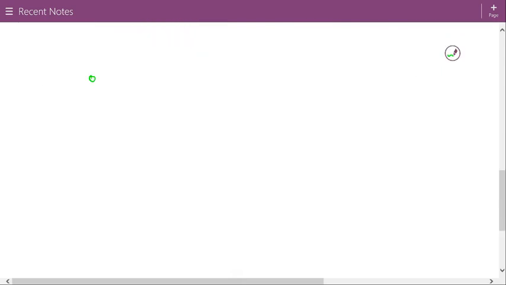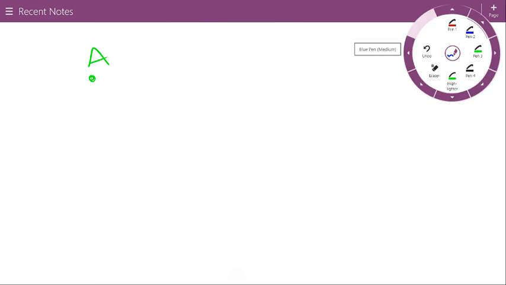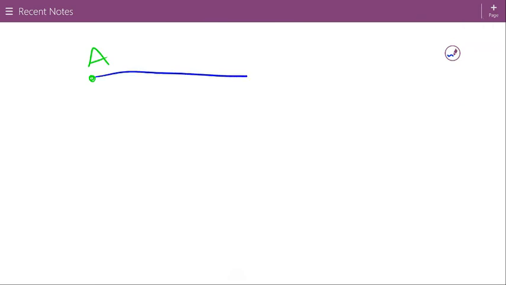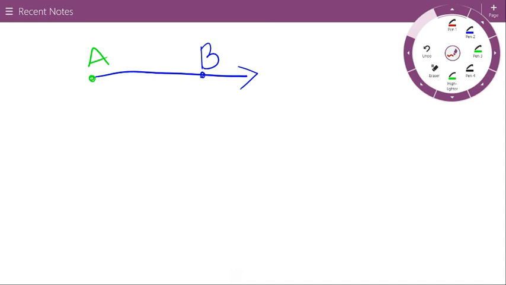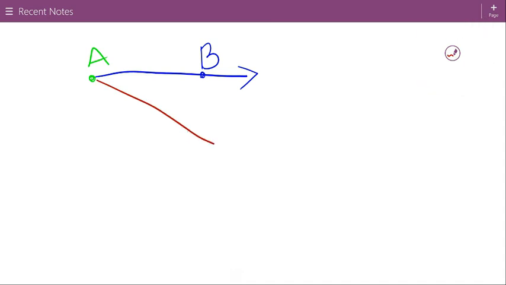So we have point A that is on line AB, and we're actually going to make it ray AB, and then we also have ray AC, creating angle BAC, which is here.